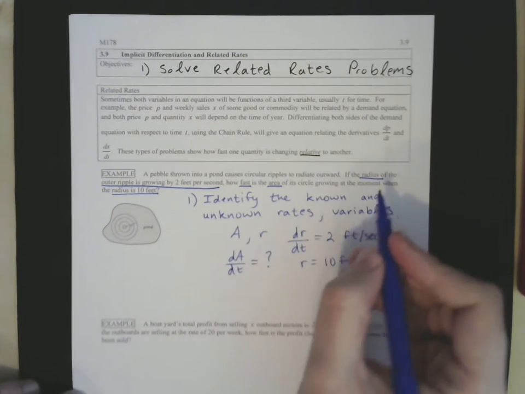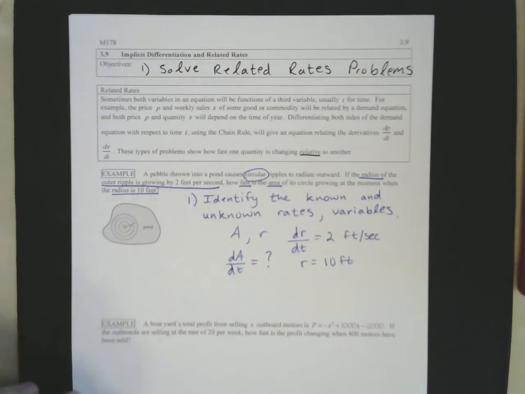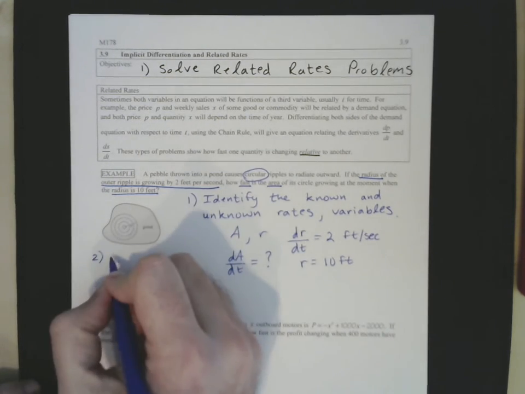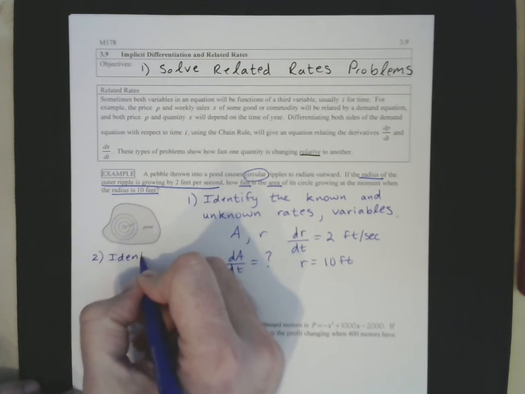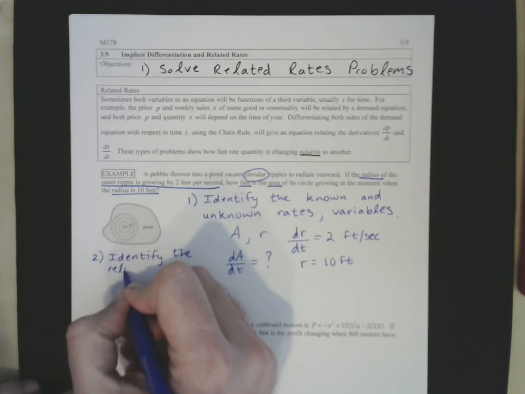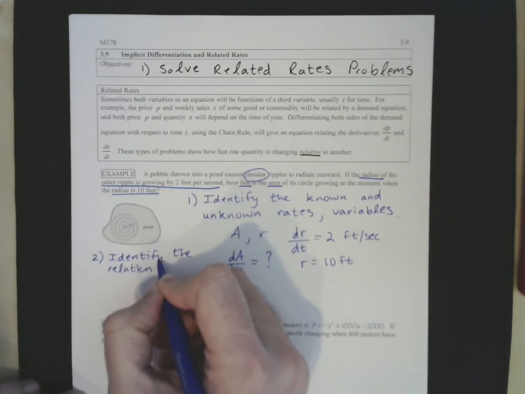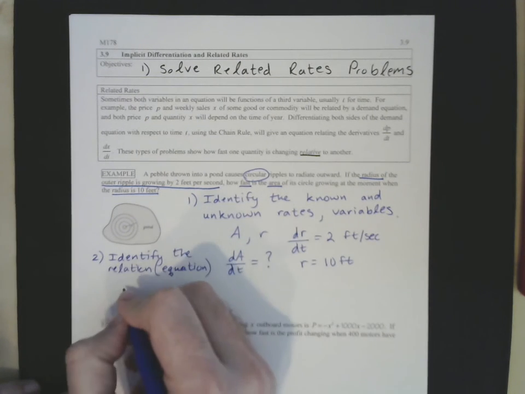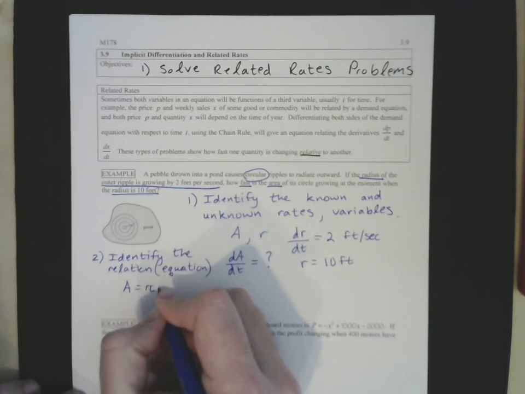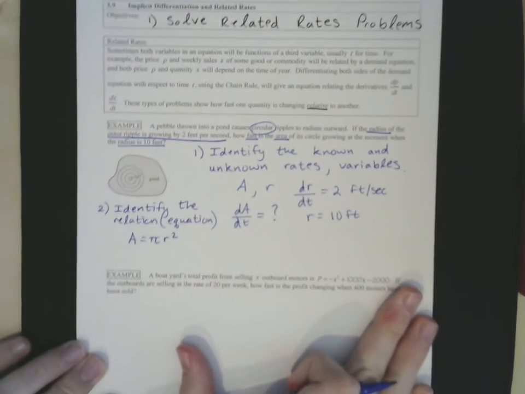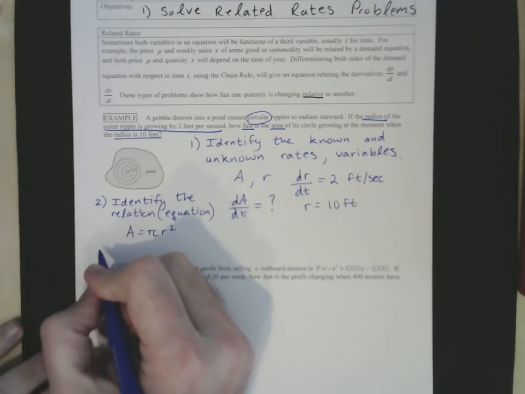So since this is circular, number two here is to identify the relation, which is just an equation. For our case, this is A equals pi r squared. That's what relates area and radius of a circle.